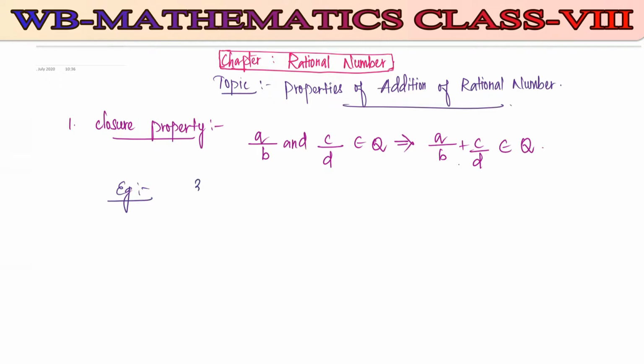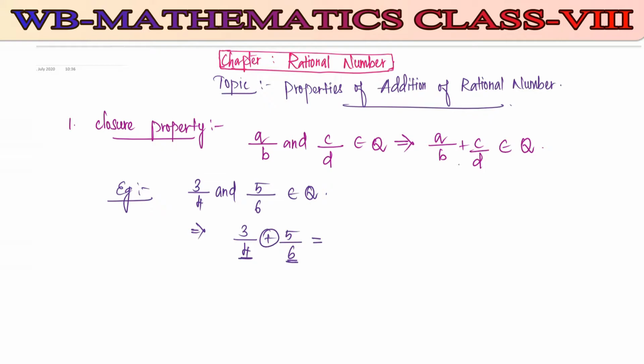For example, 3 by 4 and 5 by 6 are the numbers. Both belong to the set of rational numbers. Now when you add these two numbers, 3 by 4 plus 5 by 6, since we have addition we have to check the denominators. Denominators are not equal, so we need to take LCM.